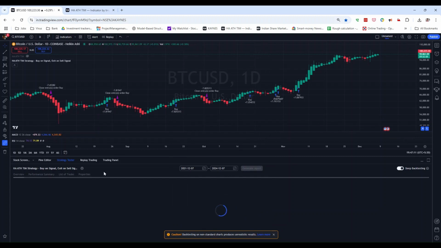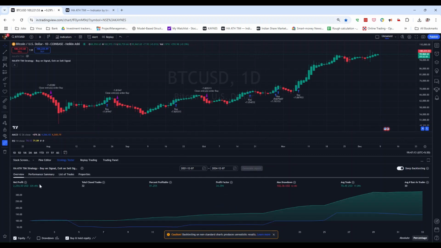So you can see the performance. The performance has decreased, but the curve has gradually moved up, and your maximum drawdown is also reduced.